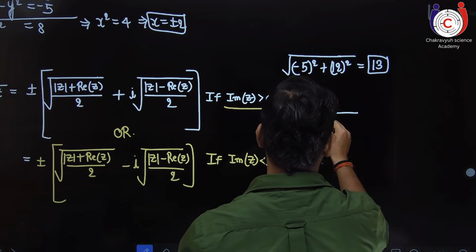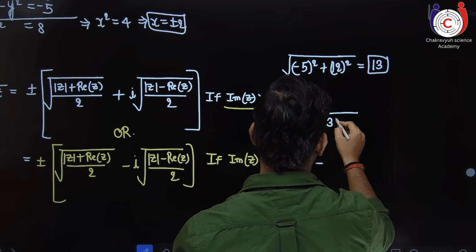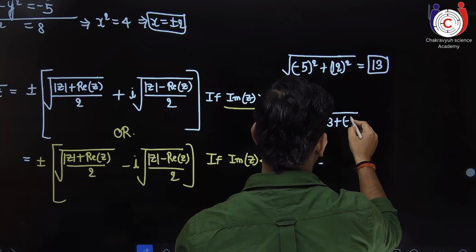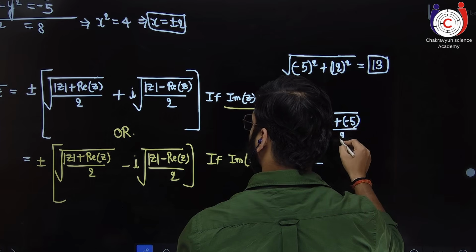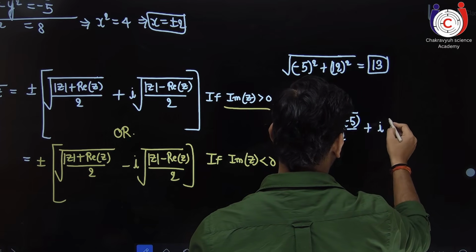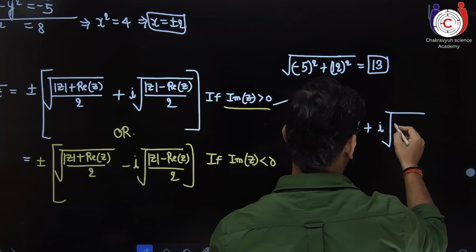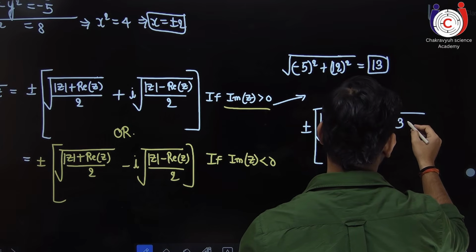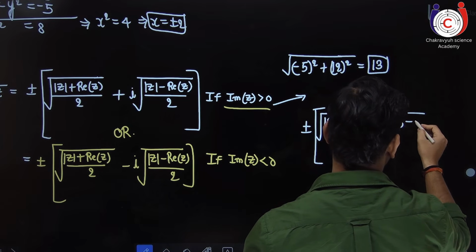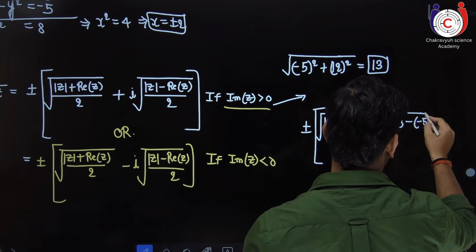So under root of (13 plus real part, which is minus 5) divided by 2, plus iota under root of (13 minus the real part), so 13 minus of minus 5, divided by 2.